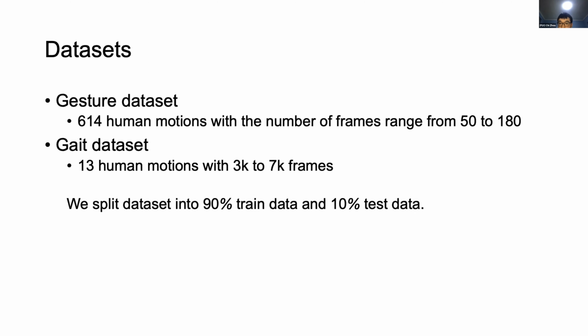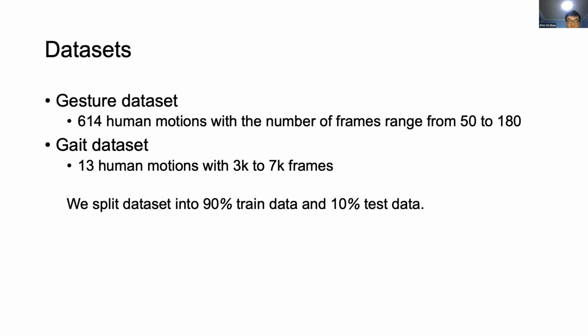And we split the data set into 90% train data and 10% test data. And each motion is represented by root position and quaternion rotations of skeleton with BVH format. And to represent valid rotations, after the prediction, we perform post-processing to normalize the interpolated quaternion to a unit vector.